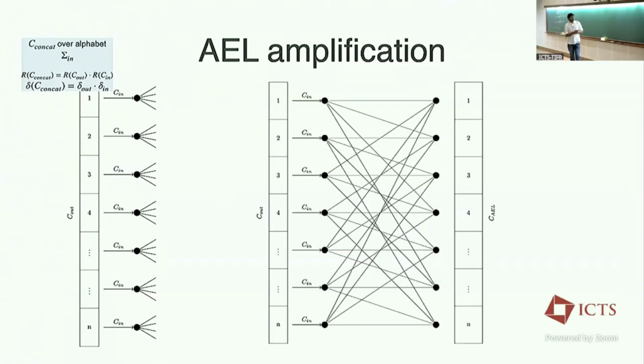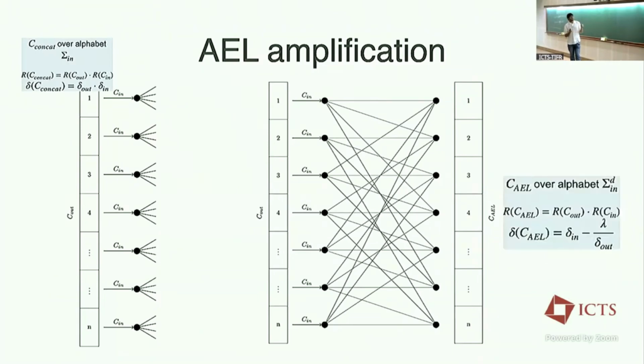But then AEL amplification says that you do some post-processing on that based on an expander, and you can do much better in terms of distance. So after you fold these edges that we got from a concatenated code along the other side of the expander, the distance goes from just the product of delta_in and delta_out to something that is decoupled between delta_in and delta_out. So it becomes delta_in minus lambda over delta_out.